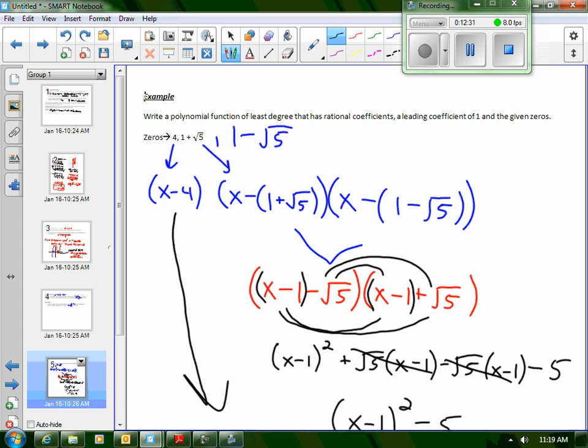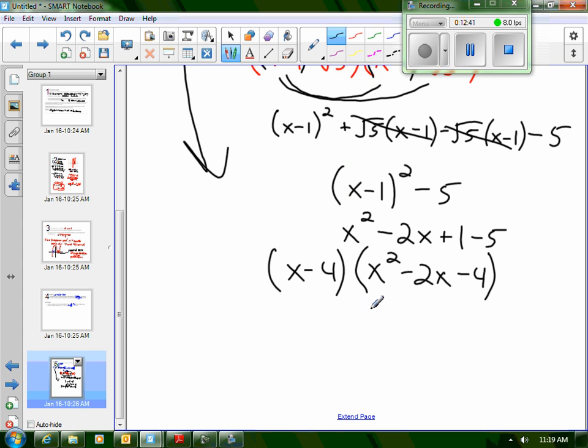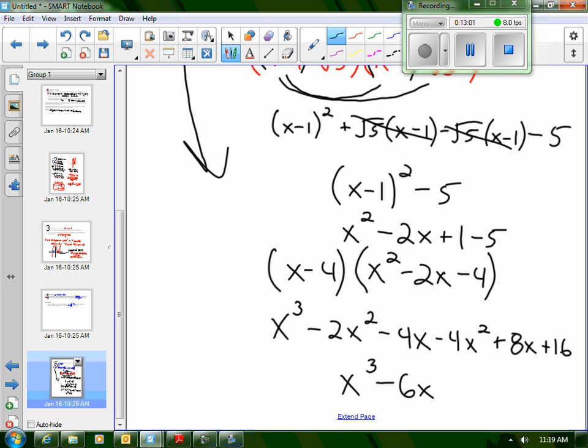And then don't forget about this guy. You've got to bring x minus 4 all the way down, and multiply x minus 4 times those terms, so a binomial times a trinomial: x cubed minus 2x squared, I'm going to do this algebra pretty quickly, minus 4x squared plus 8x and plus 16, I think. x cubed minus 6x squared plus 4x plus 16 looks like the right answer to me.